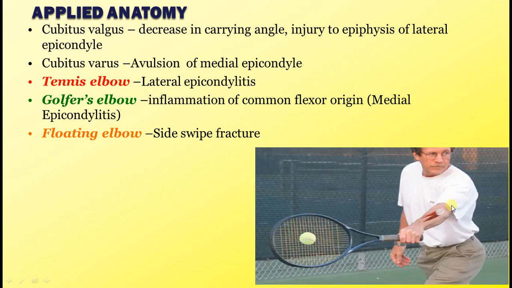Sudden pronation of the forearm might lead to lateral epicondylitis, more common in tennis players. Then golfer's elbow is repetitive flexion, which leads to inflammation of the common flexor origin, more common in golf players.